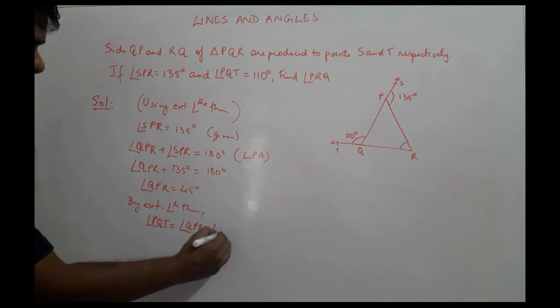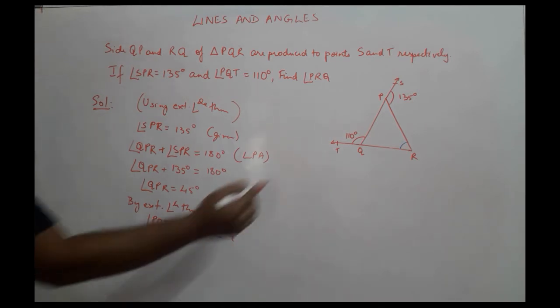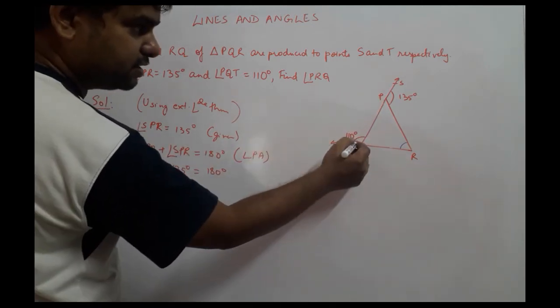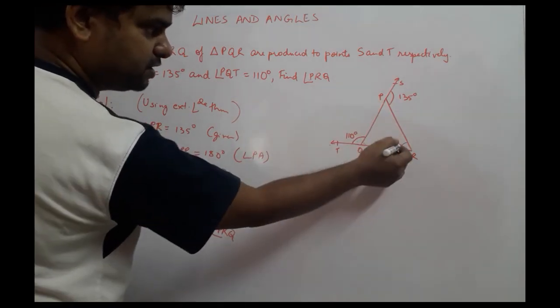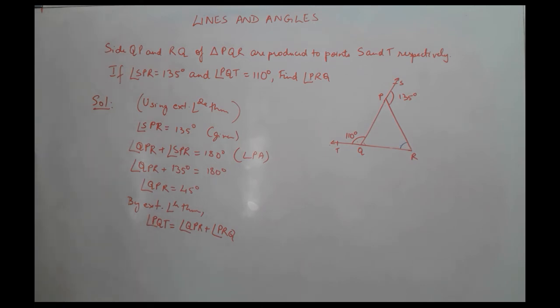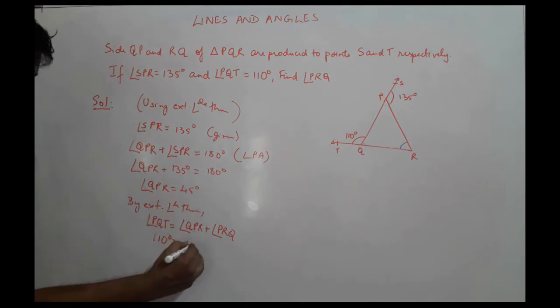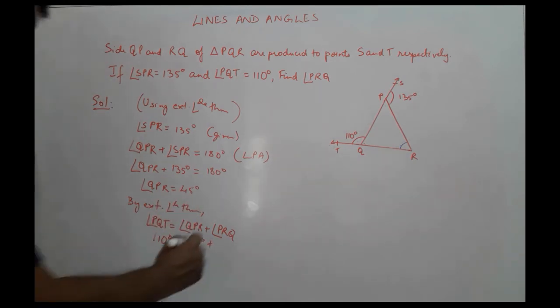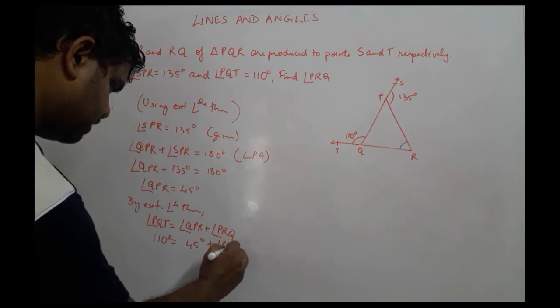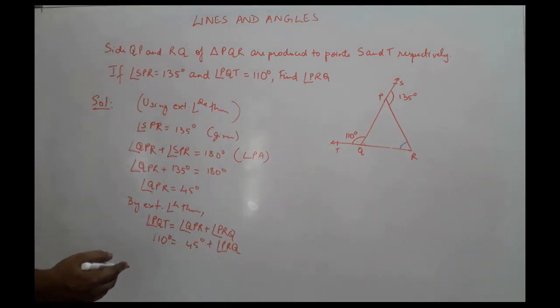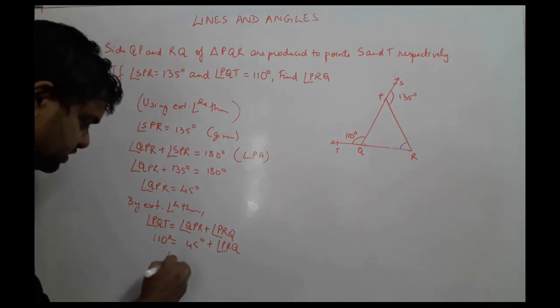So this angle PQT is equal to the sum of this angle plus this angle. PQT we know is equal to 110 degrees, QPR is equal to 45 degrees, we've just got it, and PRQ we need to find out. So if we take 45 to the other side, it becomes negative. So 110 minus 45 will give us 65.